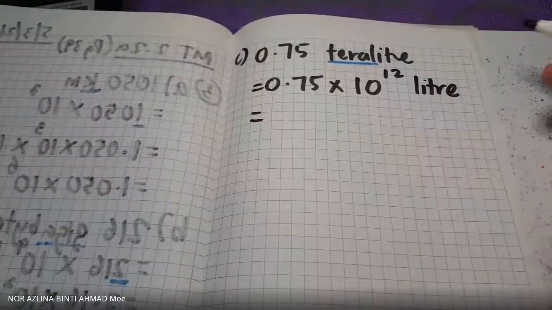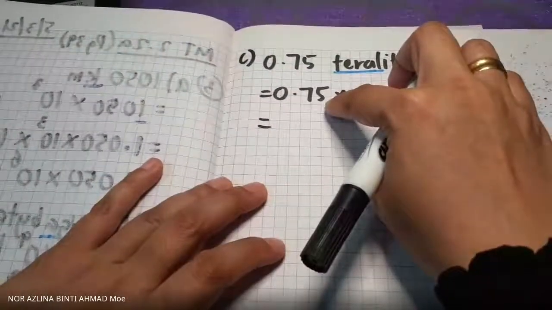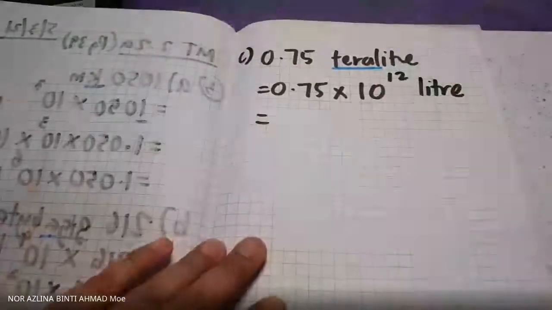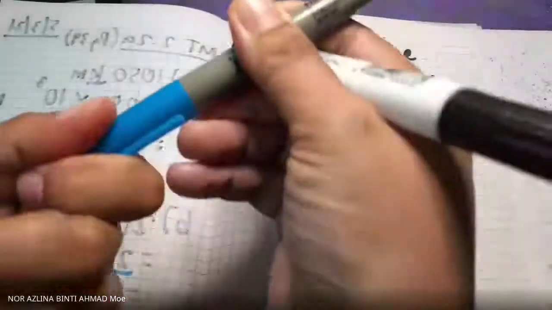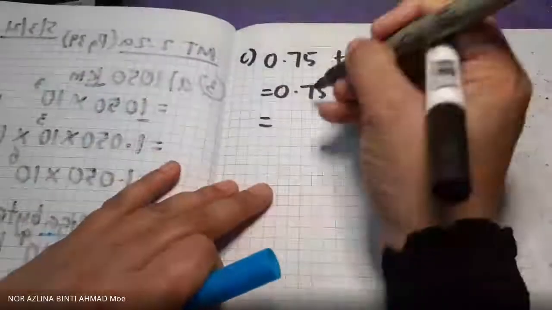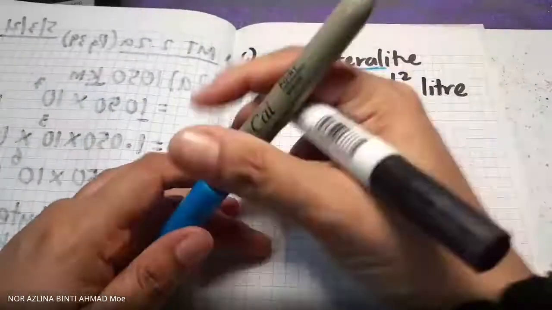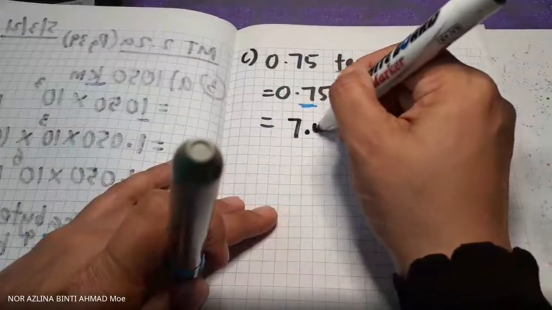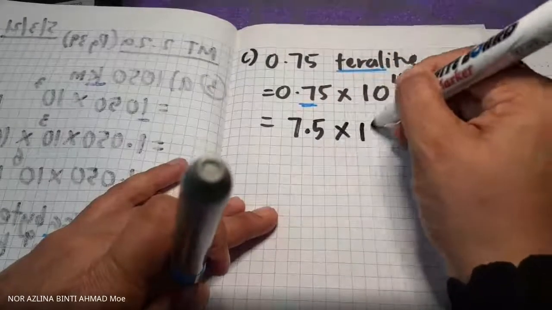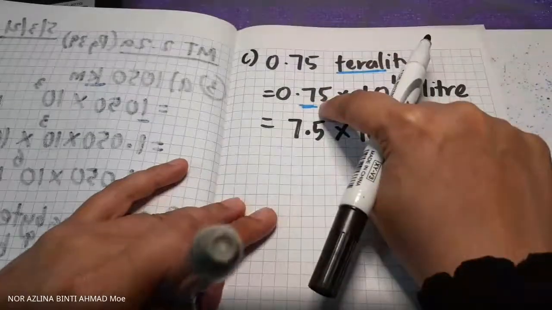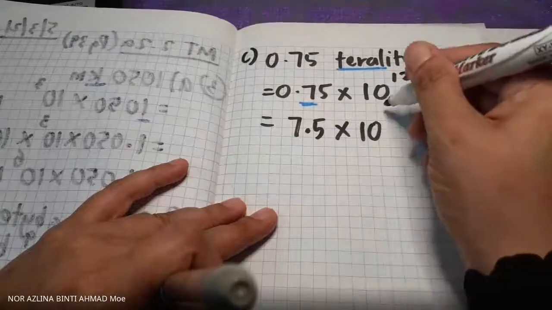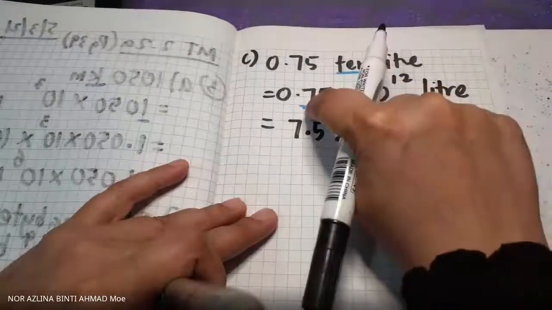So now 0.75 we change to standard form. So we take 7.5 times 10 to the power of, this is from decimal, so negative. This is 10.